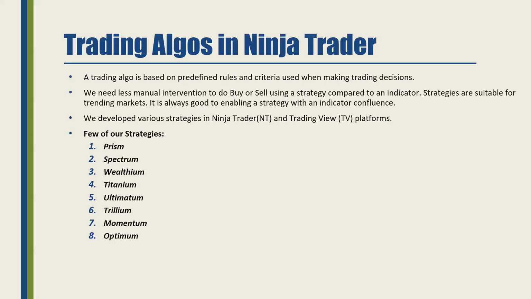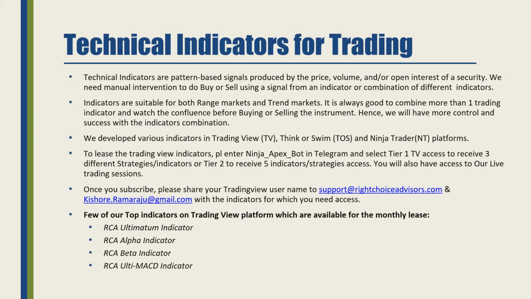So that's where we also developed some indicators within TradingView. The major difference between a strategy and an indicator is that with a strategy, the algo itself does the buy and sell, but you have to put a check mark and enable it at the right time, and then it will automatically buy. When it sees price going down, it will sell, but you have to take certain precautions and timings.